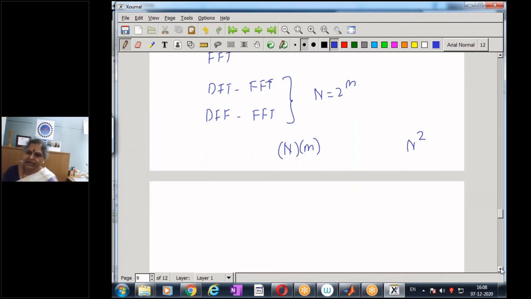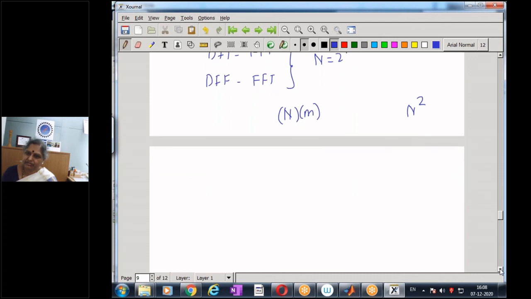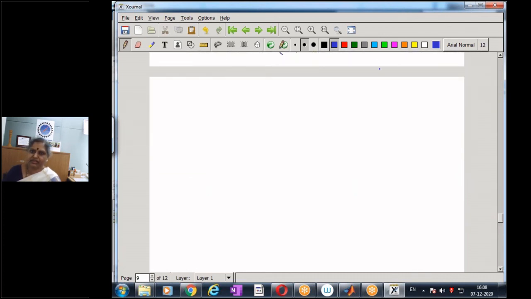And as we have seen, in general, if I have a sequence xn of some length m and I want to compute the FFT of the sequence, I can always choose the nearest n, which is a power of 2, and compute the n-point DFT. So it's not a problem.